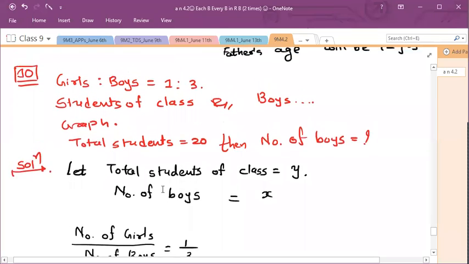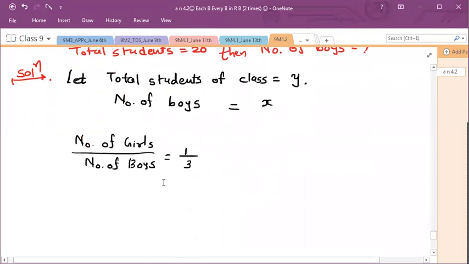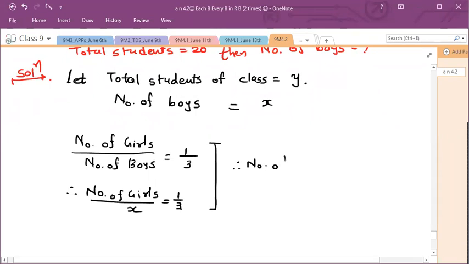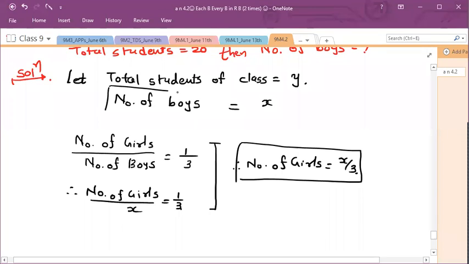The number of boys is x, isn't it? So the number of girls divided by x is equal to 1/3. Therefore the number of girls will be x/3. So the number of girls is x/3 and the number of boys is x.